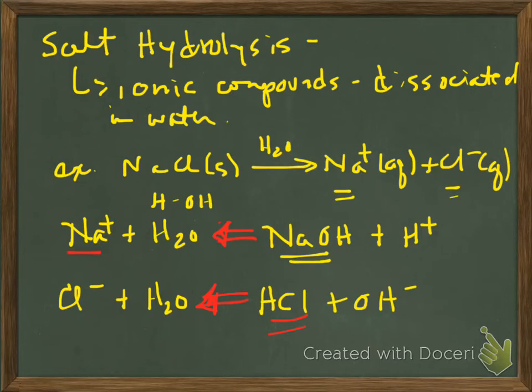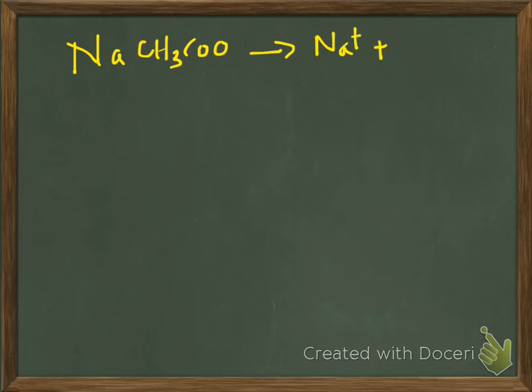Now let's look at something that's actually going to affect the pH. Okay, say I have sodium acetate in water. This will form the sodium ion, which we just explained does not affect the pH, and then I will have the acetate ion.